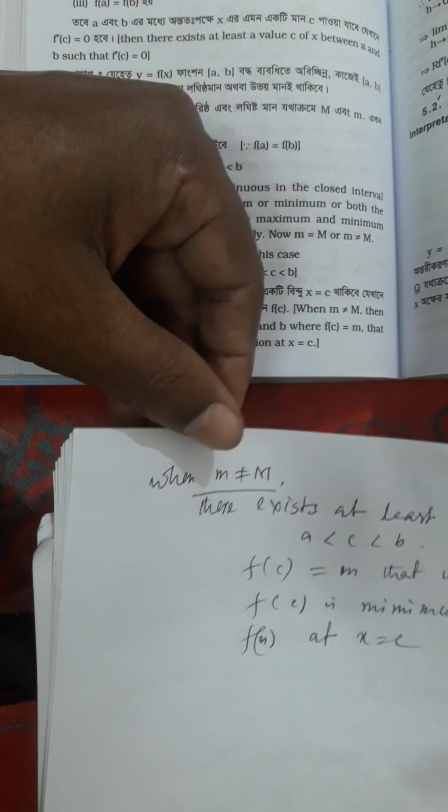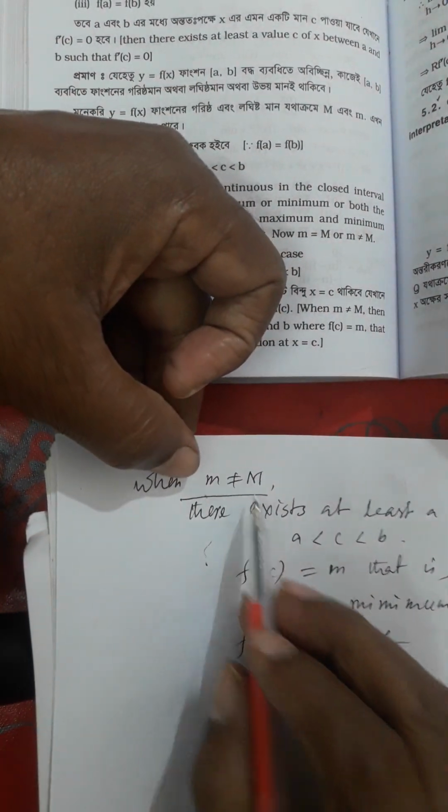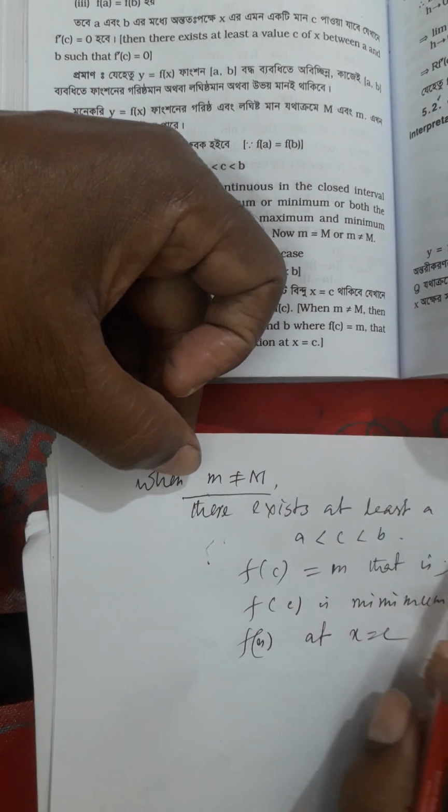Again, M is not equal to m, there exists at least a point c.